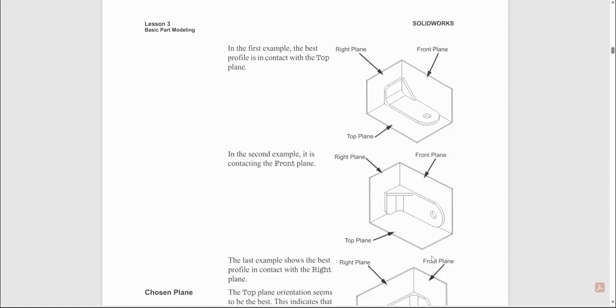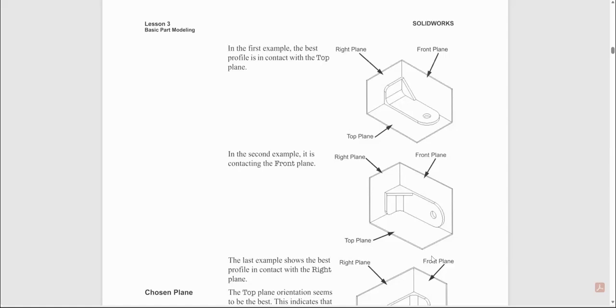If you've taken a blueprint reading class, this might make a little more sense in how we project those drawings from an isometric view. In that top example, they've got that flat surface resting on the top plane, and then you can see what the views would be from those other planes. In the second example, they've got that same surface flipped 90 degrees, so it's touching the front plane.